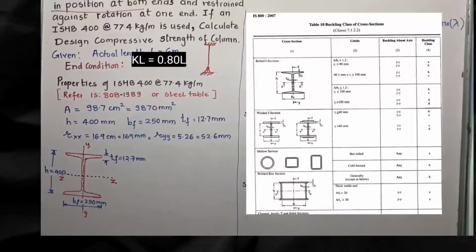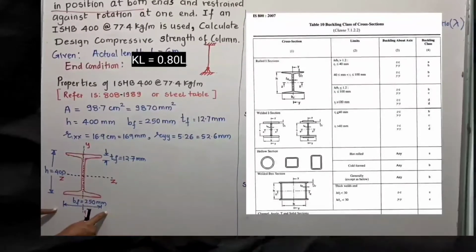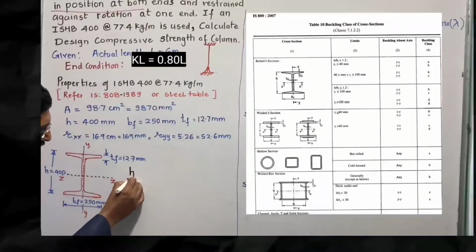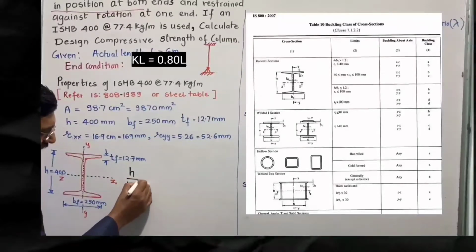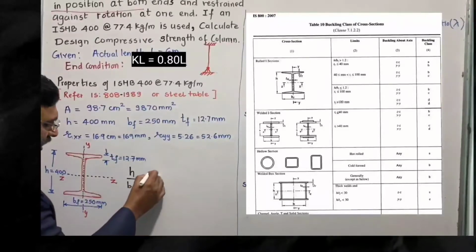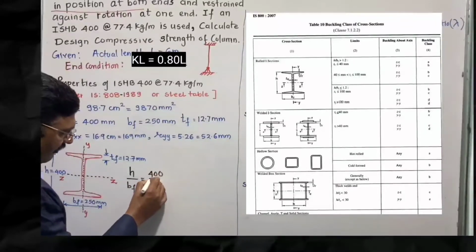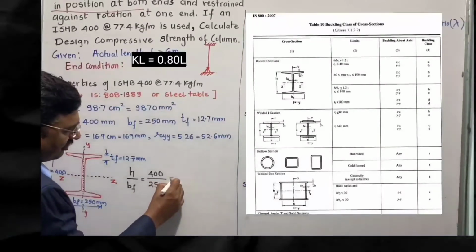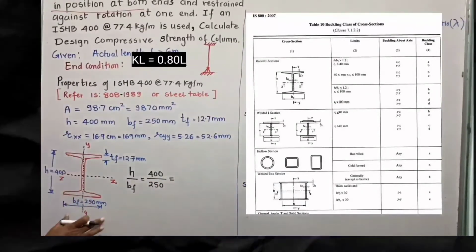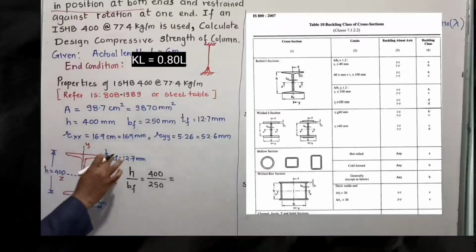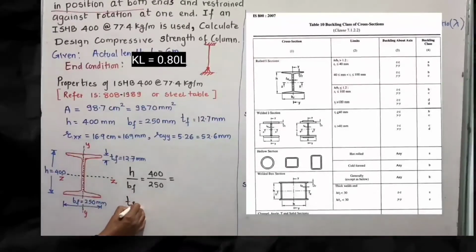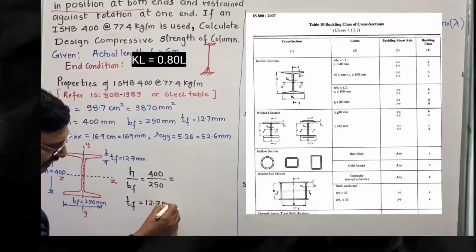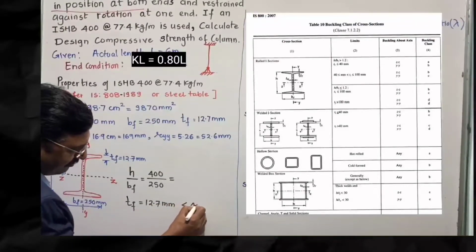Depending upon the ratio H to width of flange, let us check that: H is 400 divided by width of flange 250. We calculate this ratio first, and second is the thickness of flange, which is 12.7 mm, less than 40.